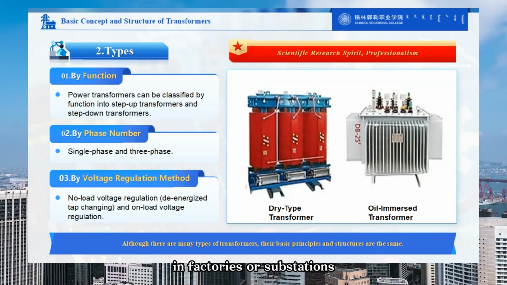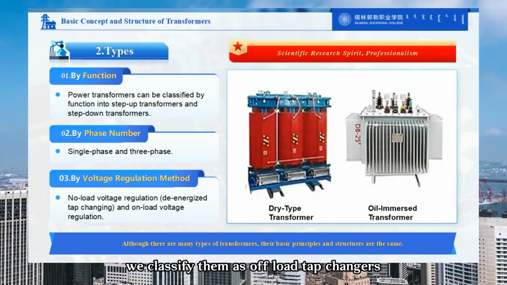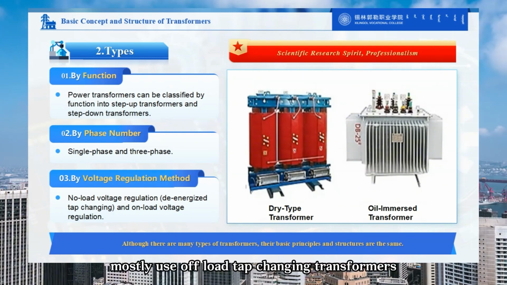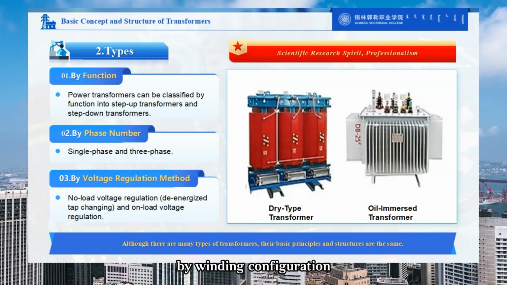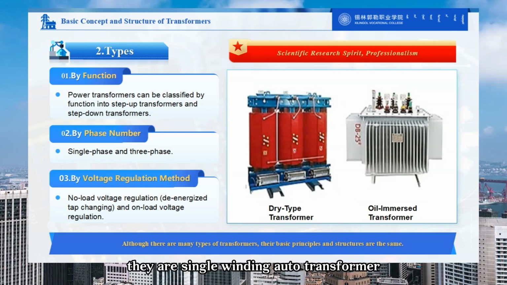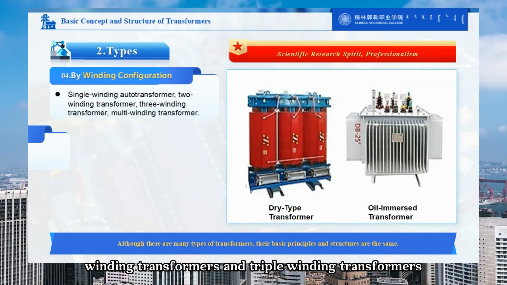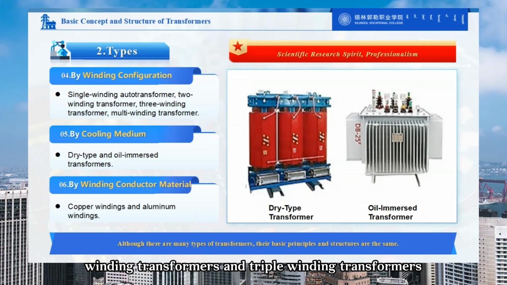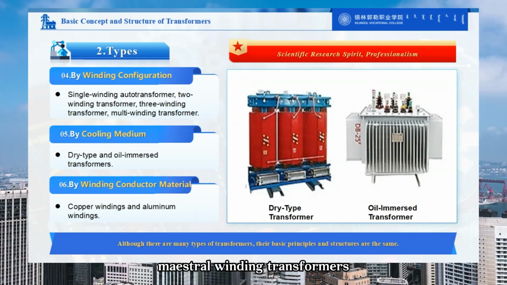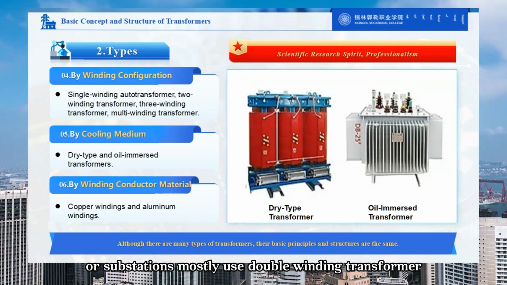In factories or substations, three-phase transformers are generally used. According to voltage regulation methods, we classify them as off-load tap changers and on-load tap changers, and substations mostly use off-load tap changing transformers. By winding configuration, they are single-winding auto transformers, double-winding transformers, and triple-winding transformers, and substations mostly use double-winding transformers.